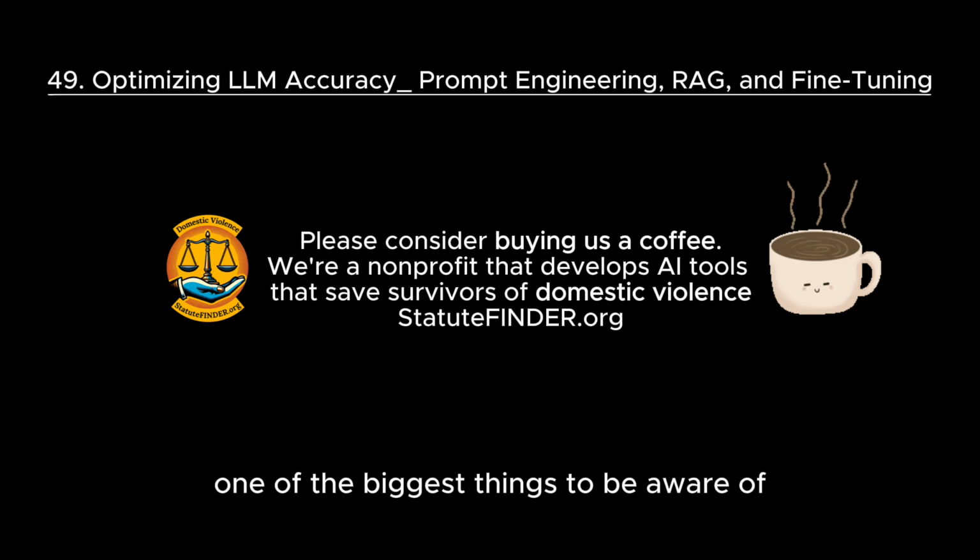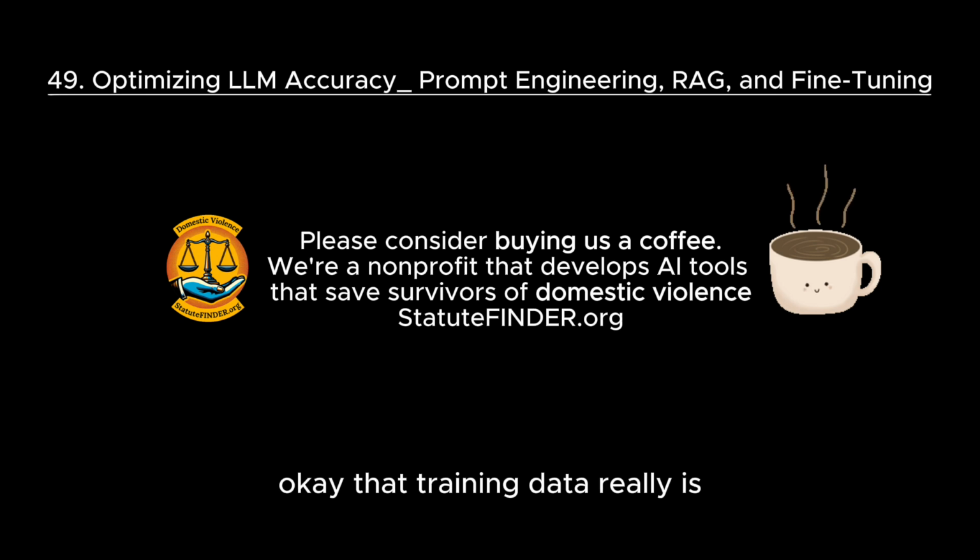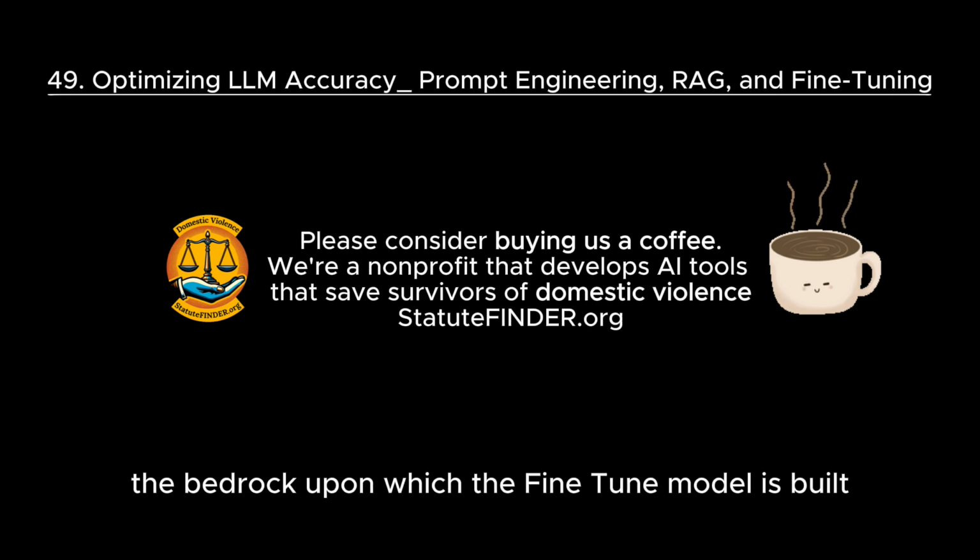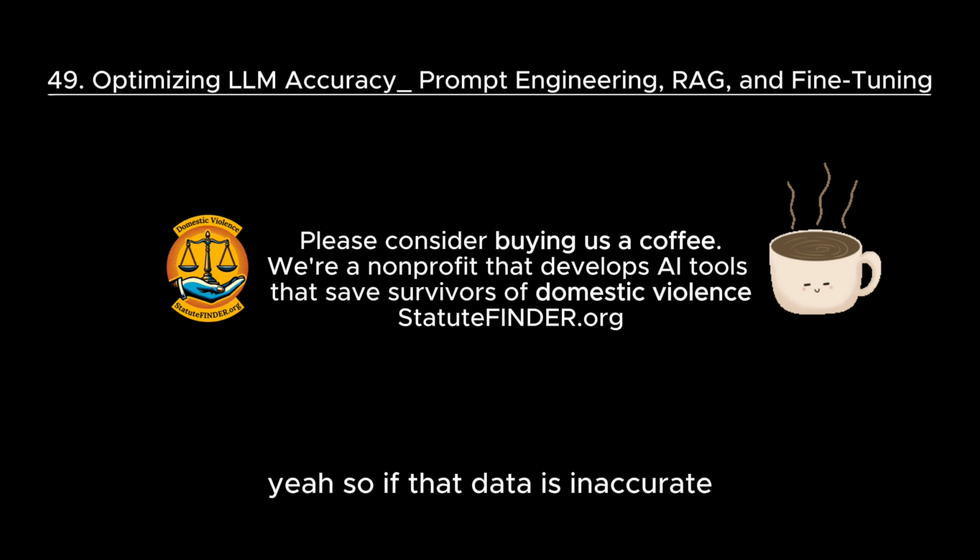One of the biggest things to be aware of is using low-quality training data. That training data really is the bedrock upon which the fine-tuned model is built. If that data is inaccurate, incomplete, or biased, the model will inherit those flaws. Garbage in, garbage out. Exactly. Another common mistake is not providing enough training data.